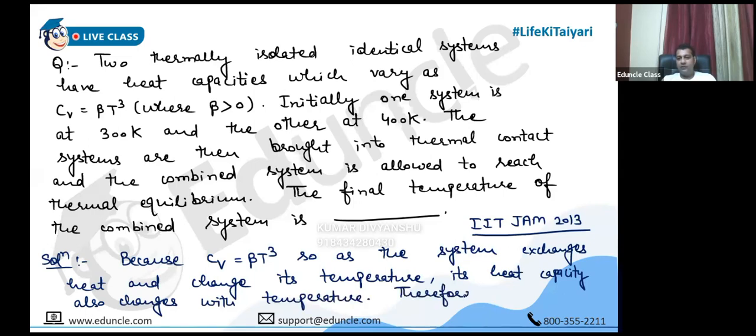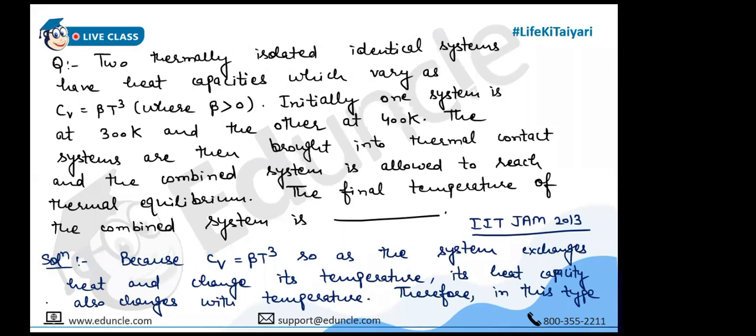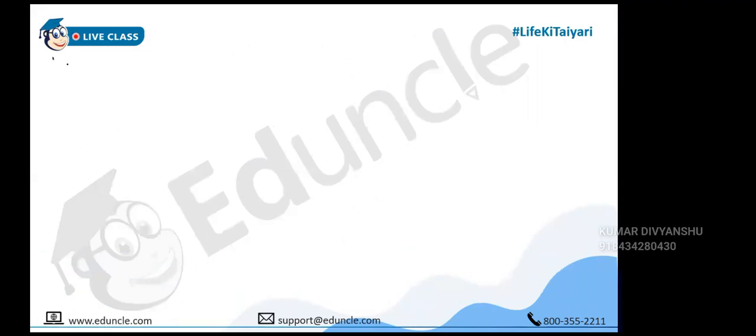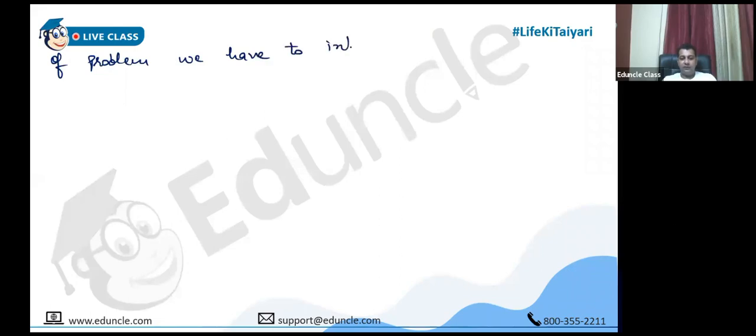Therefore, in this type of problem, please note down. The answer. Everyone done? Yes, sir. So in this type of problem, we have to integrate MC dT to get the total heat gained or lost.